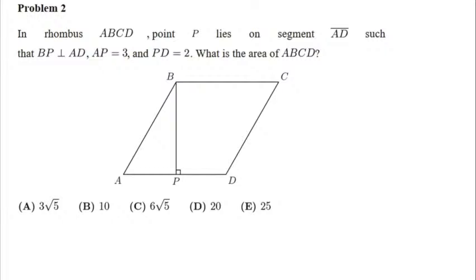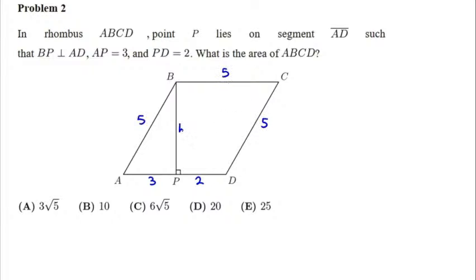AMC 12B 2022 problem number 2. In rhombus ABCD, point P lies on segment AD such that BP is perpendicular to AD. Here, AP is 3, PD is 2. What is the area of ABCD? Because it is a rhombus, AD will be 3 plus 2, 5. So all sides will be 5.